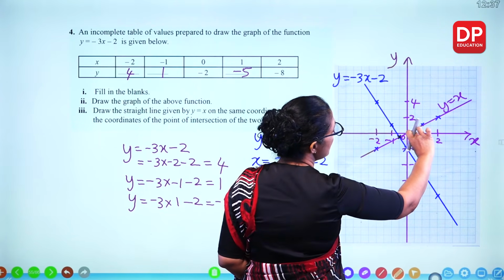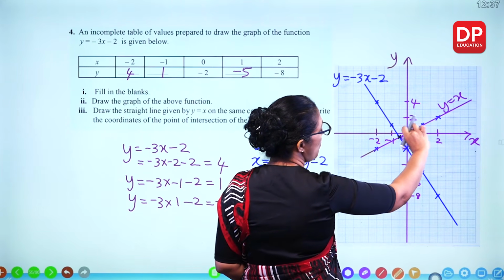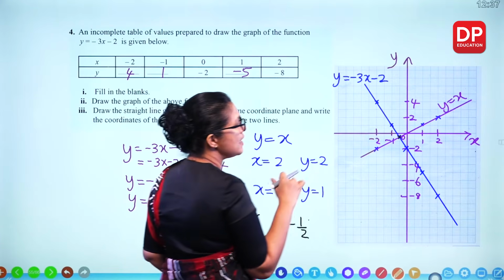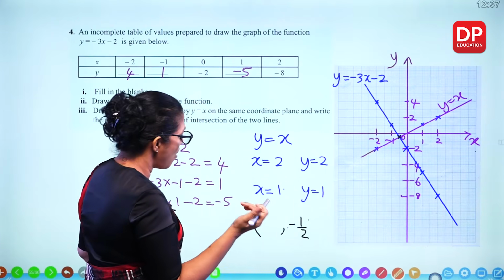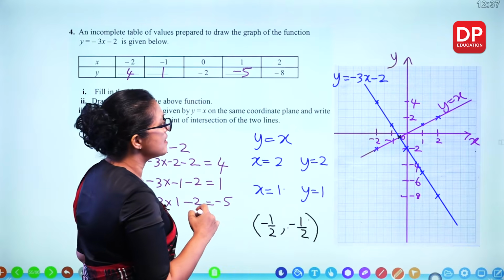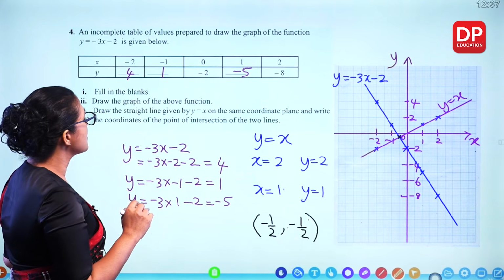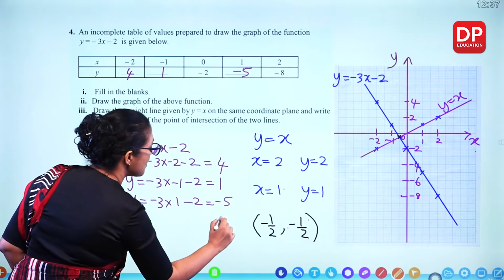Here, this full thing is 2. Half means 1. Half of that means minus half. So, minus half and minus half is the intersecting point of the two graphs. This is third part.